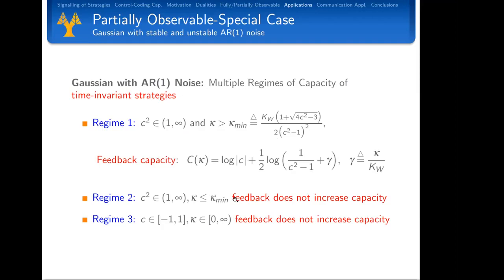So in this case, there is no time invariant strategy that gives me an achievable rate, and I have no choice. I need to seek non-feedback strategies, and it turns out there are non-feedback strategies for this regime. Also for the other case, when C is stable, for any power, in this regime there are no time invariant strategies that have a solution to my optimization. The feasible set is empty, in other words.